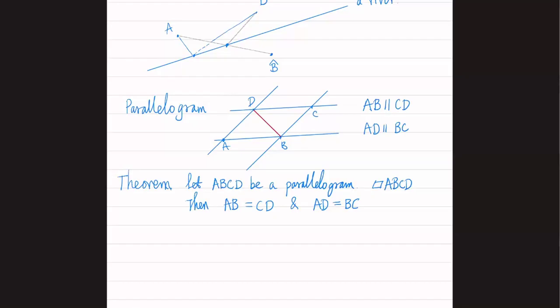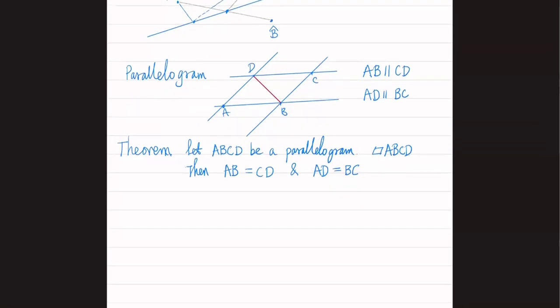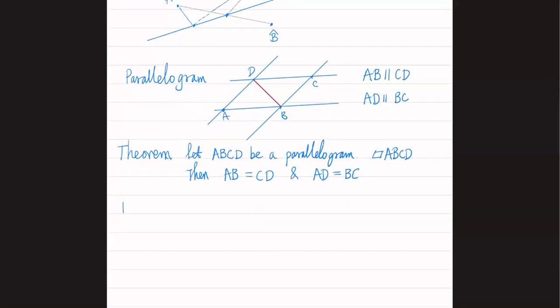Okay. Now it creates two triangles, ABD and CDB. For convenience, later we will call this a diagonal of the parallelogram.